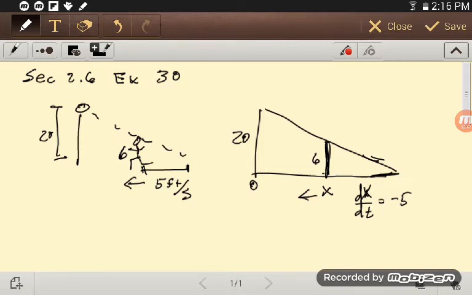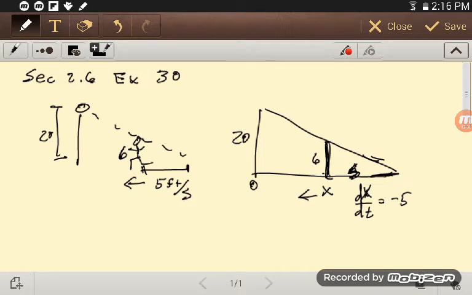and so as we look at these pieces, I'll name some things here. I'll call this S for the shadow length.